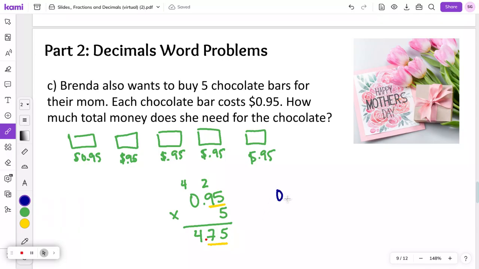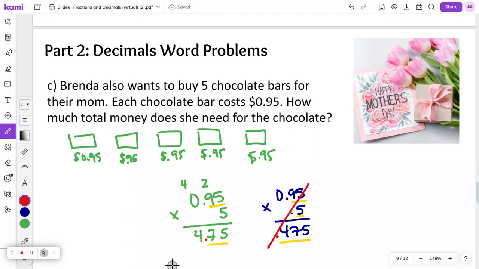To give you another example, if you were multiplying 0.95 by 0.5, you would end up getting all the same numbers here, but this time we would have 1, 2, 3 total numbers after our decimal point. So I would need 3 numbers after my decimal point, and it would go right here. To decide where the decimal point goes, you're just counting how many numbers come after the point in the problem.